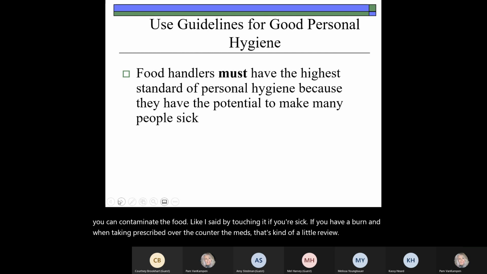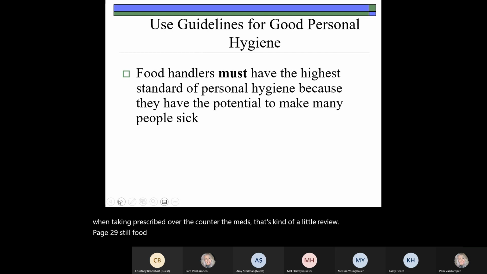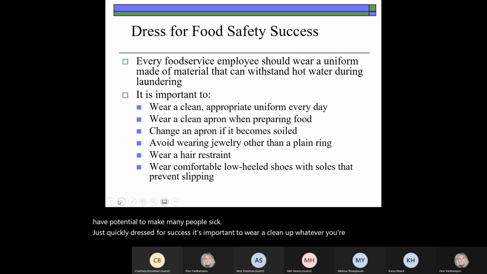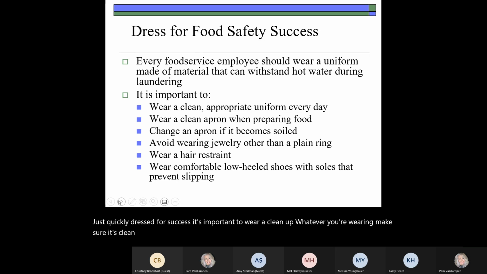Page 29 still. Food handlers must have the highest standard of personal hygiene because they have the potential to make many people sick. Just quickly, dress for success. Whatever you're wearing, make sure it's clean. If it becomes soiled, change it, even if it's during the shift. It doesn't mean just once a day. Anytime it becomes soiled, change it.